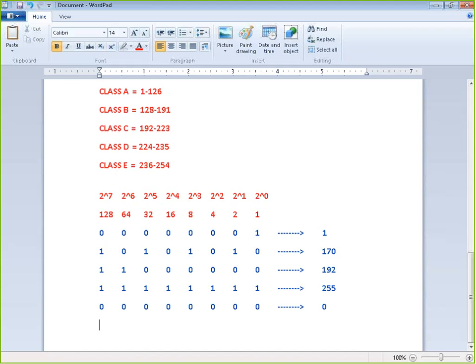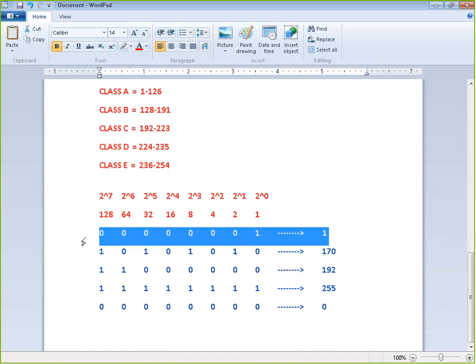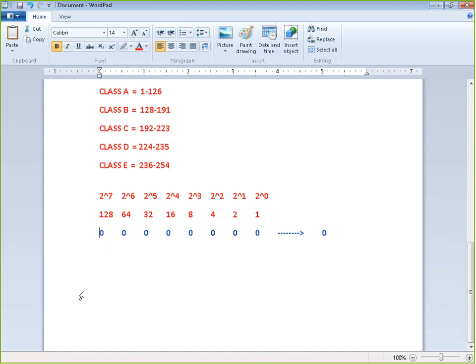Whenever I talk about the first value out of the 8 bits, the first value is going to be all zeros. All the bits would be zeros. So effectively the first decimal value that you're going to get is 0. Do you understand that now?